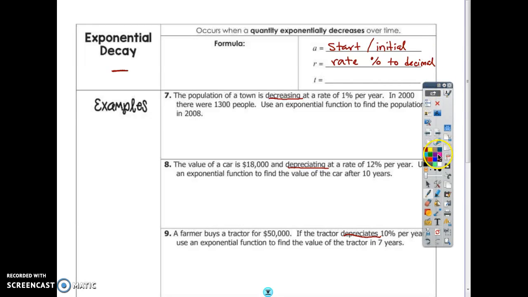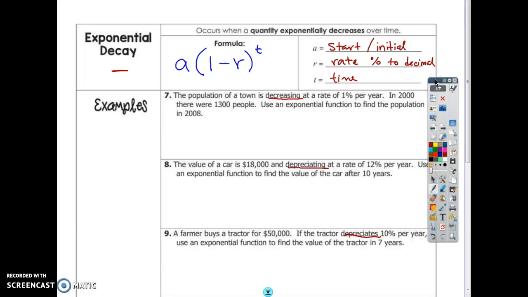And then T is the time. So the formula is the same. We still start with A, parentheses, 1 minus R to the power of T. That's why we're always subtracting from 1, because it's less than the $1.